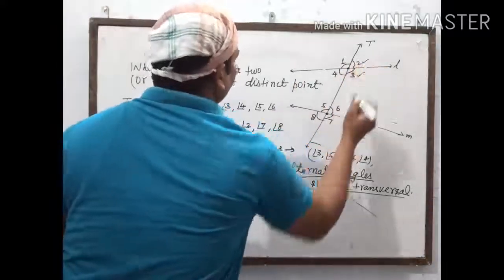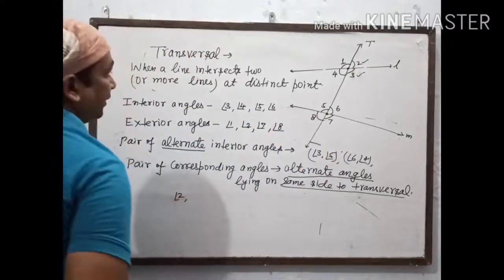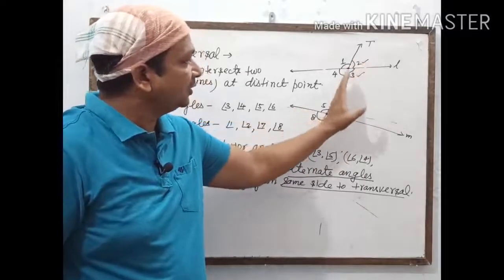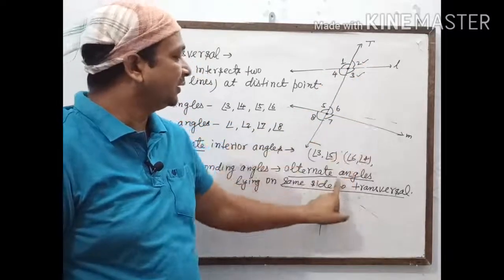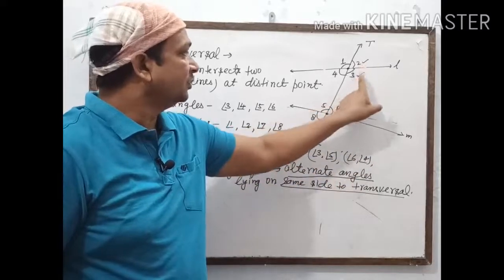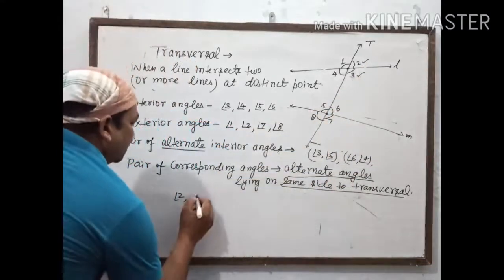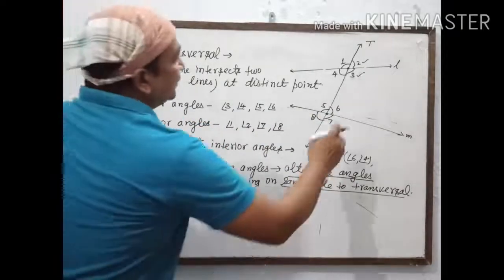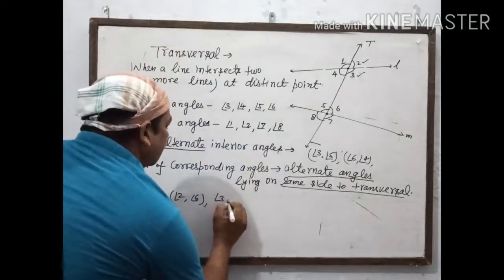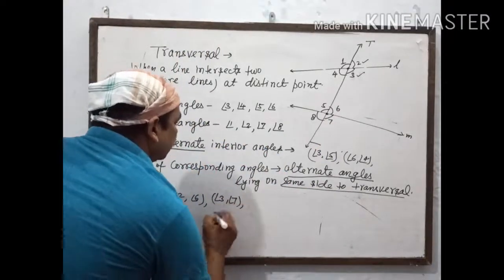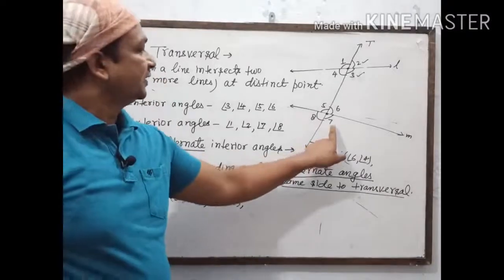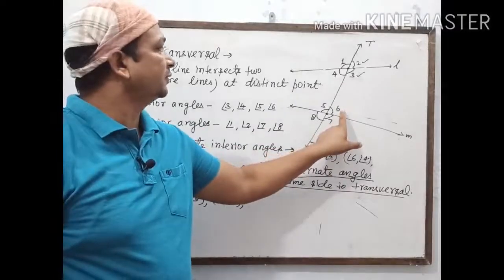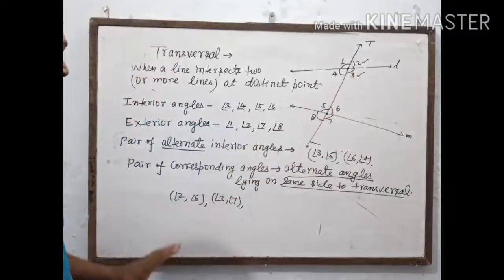Now we try to make pairs of corresponding angles. If we start from 2, then we have to count on the same side. This is the right side, so we count only right side angles. How? Alternate: 2, leaving 3, 6. 2, 6 is a pair of corresponding angles. Similarly, if we start from 3, then we get 7. If we start from 7, then we get 3, the same angles. If we start from 6, we get 2.